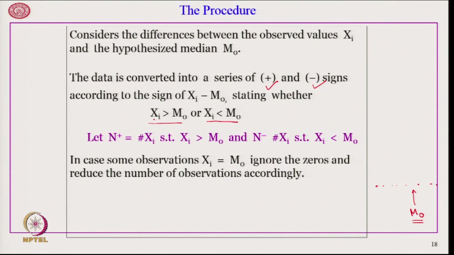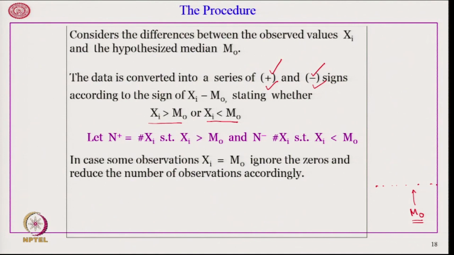So, if the observed value is more than m naught, then x i minus m naught is going to be a plus, and if it is less than m naught, then it is going to be a minus, and therefore we reduce the observed sample into a sequence of plus and minus.